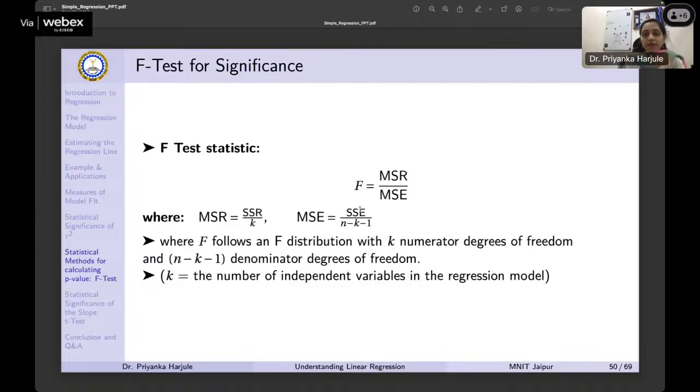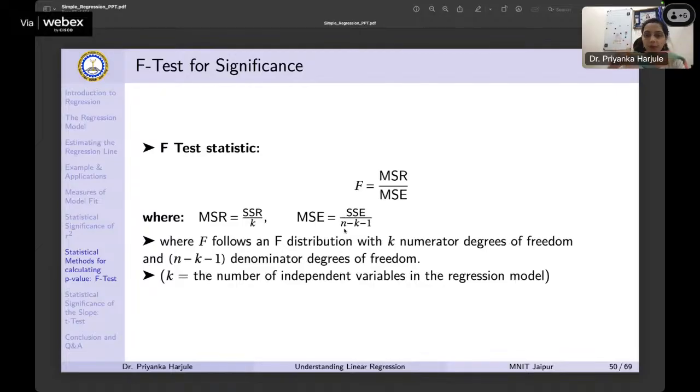Then we have the MSE, which is SSE upon n minus k minus 1. So what is this SSE? That is the error sum of squares, the unexplained variation, the difference between your predicted and the actual value, divided by n minus k minus 1.